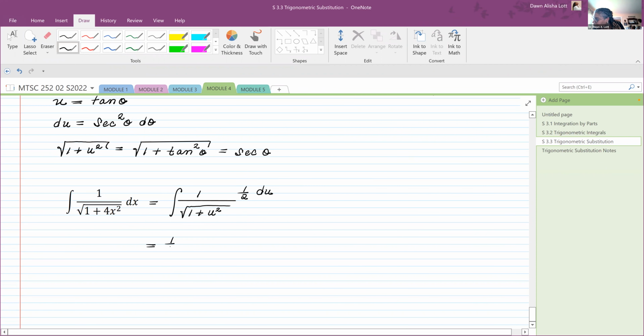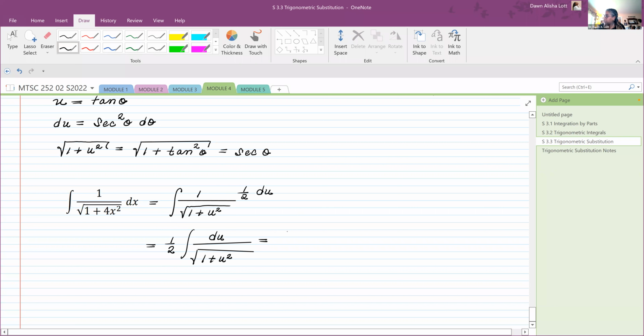So I get 1/2 the integral of du over the square root of 1 plus u squared.